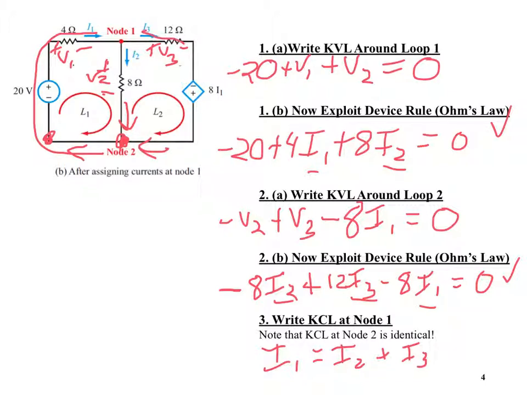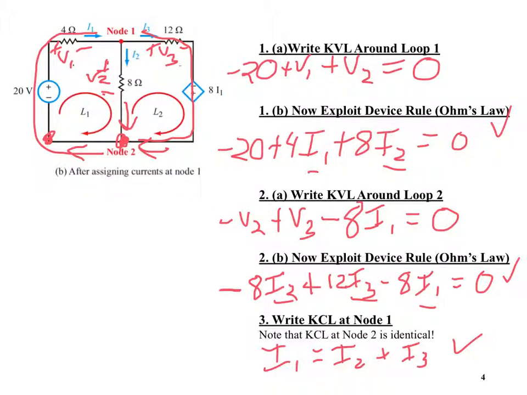Just remember that we have the same current everywhere through that branch. So we have I1 is the out and I2 plus I3 is the in, so we would get the same exact equation. So even though it looks like we have two nodes that we could write two different KCL equations for, that's not actually true.